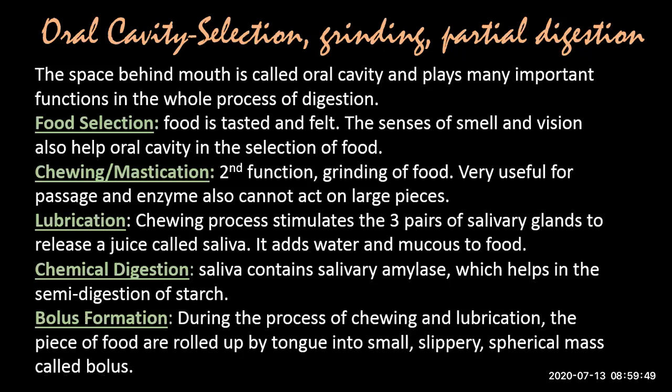sense of smell and vision is also involved in selecting the food. If the smell is spoiled or rotten, आपको सामने clearly smell आ रही है rotten food की, तो आप on the basis of sense of smell you will reject the food. You'll say this is not the right food for me. I'm not going to eat this rotten food. If the smell of food is good, you will be starving to eat that food.